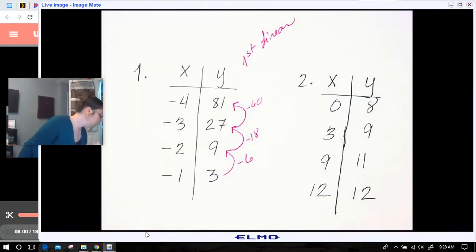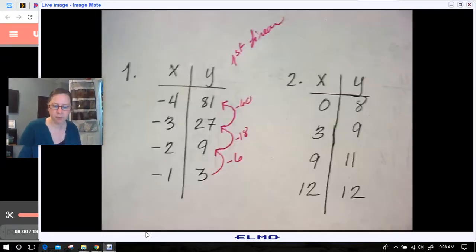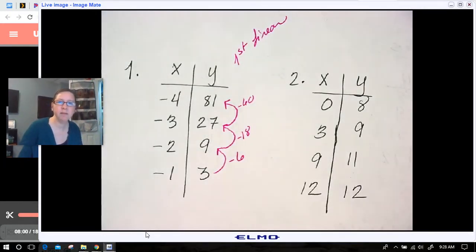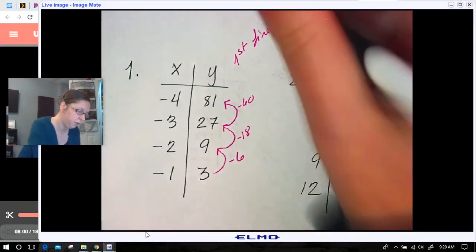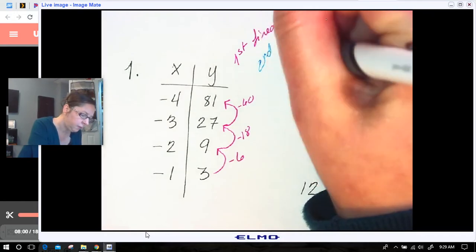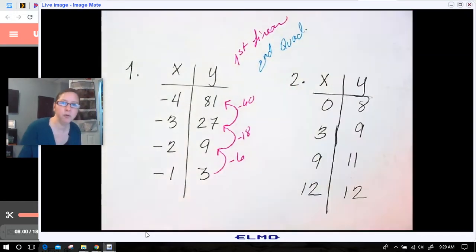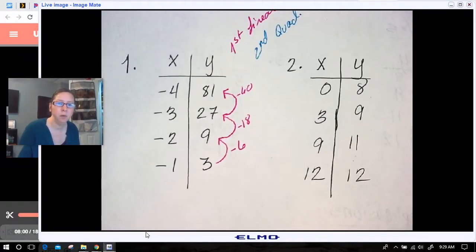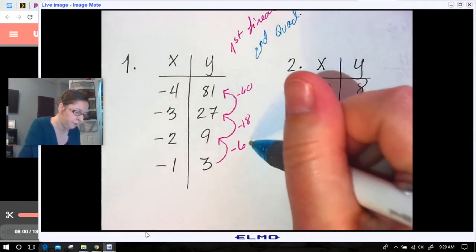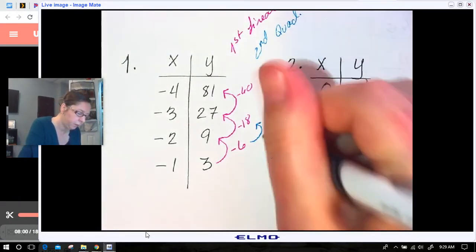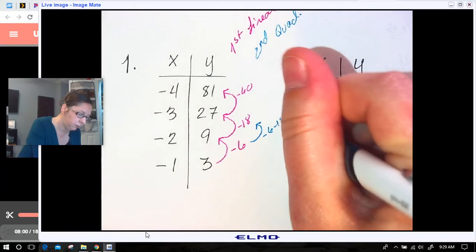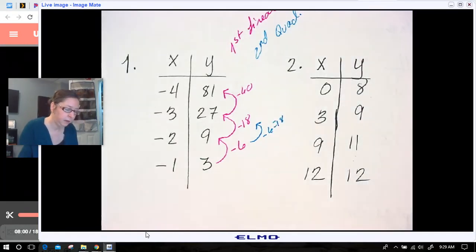So the second thing that I like to look for is the second difference. Since I'm already here and I've got the first difference, if it's common, it's quadratic. So let's do negative 6 minus negative 18, and that is going to give me a positive 12.